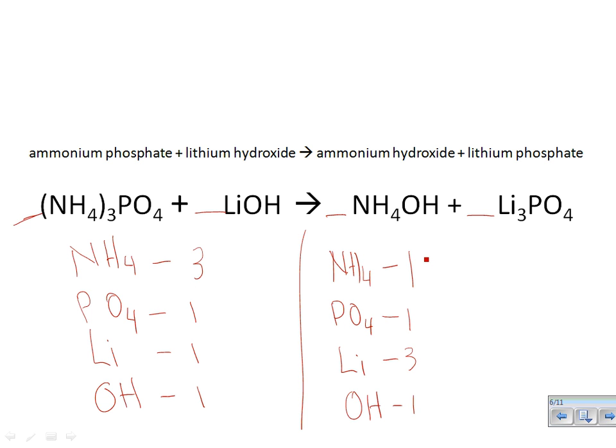We have to change this to 3. So we're going to put a 3 in front of this compound, which will change this to 3 ammonium ions and 3 hydroxide ions. Now we've got 3 lithium and a hydroxide on this side and only 1 on this side. So we're going to put a 3 in front of this, and that will change both lithium and hydroxide to 3.